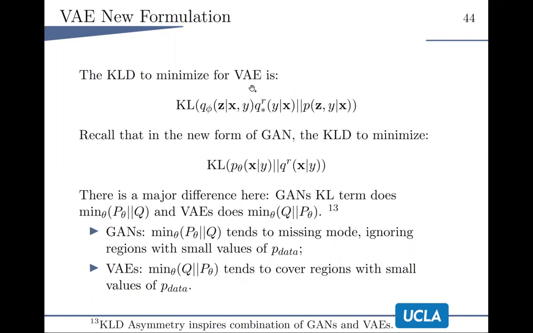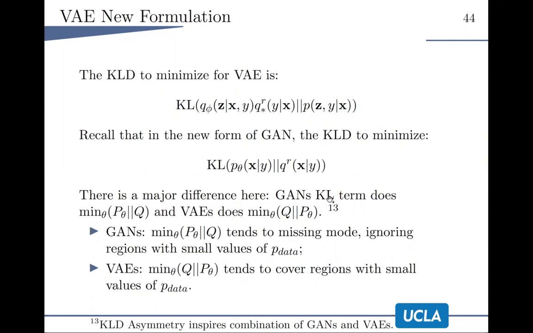The KL divergence the VAE tries to minimize is a KL of Q to P, and for GAN it is from P theta to Q. So the major difference popped out when we try to align them to each other.